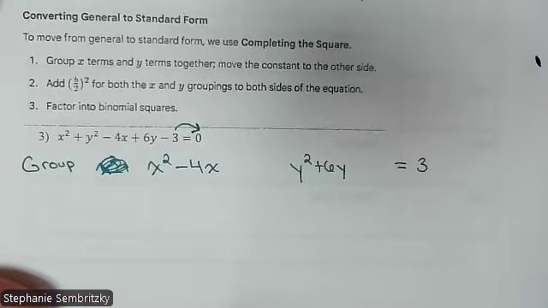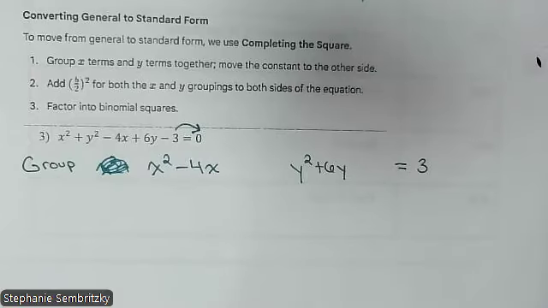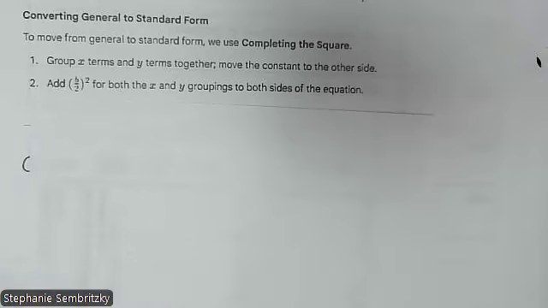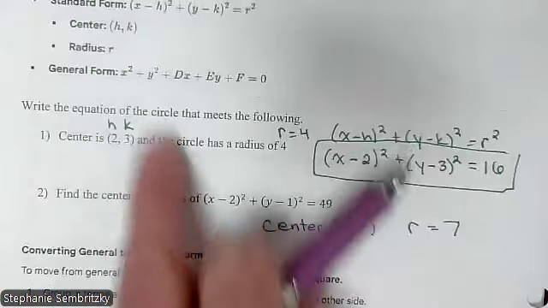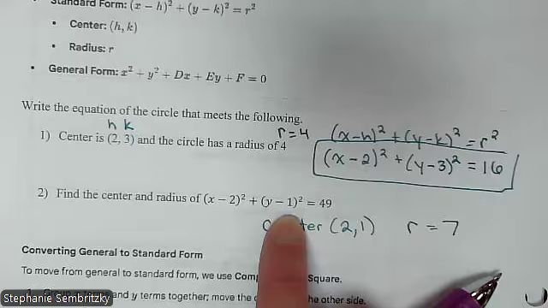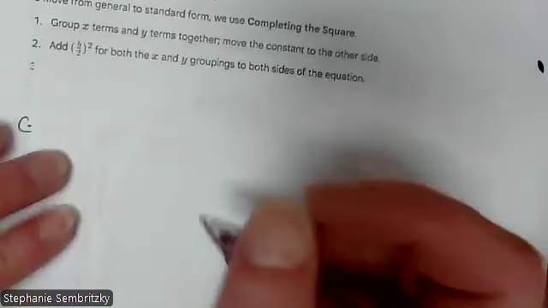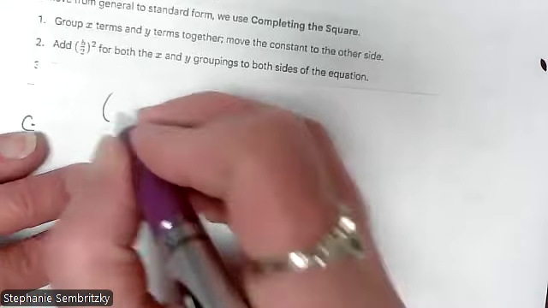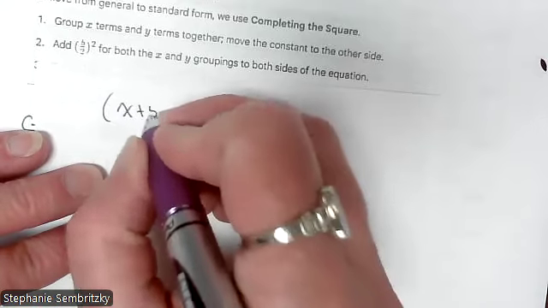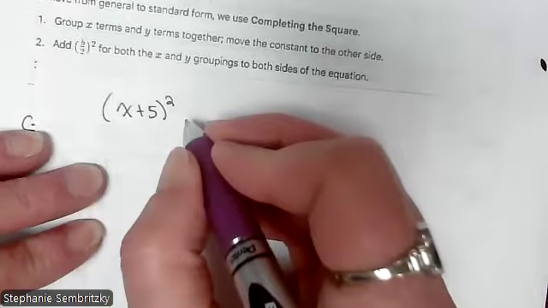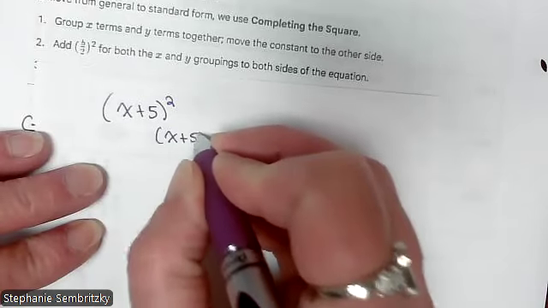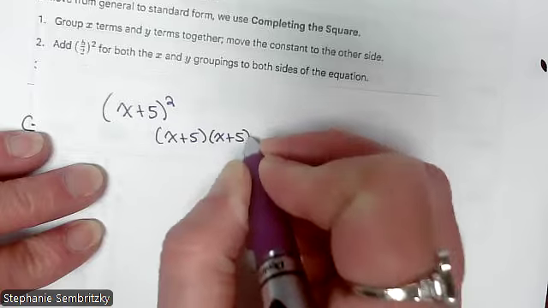Now, if we remember back, when we did completing the square back in college algebra, I want to review how perfect squares work. How we get x minus 2 squared, y minus 1 squared, y minus 3 squared, how that happens. Well, if I have, and I'm just going to use some other numbers, x plus 5 squared, that's going to be x plus 5 times x plus 5.